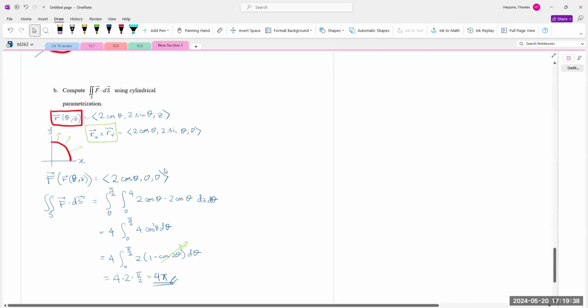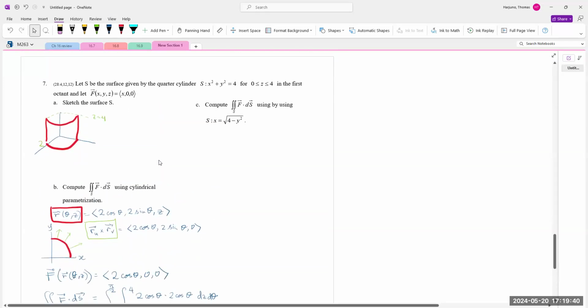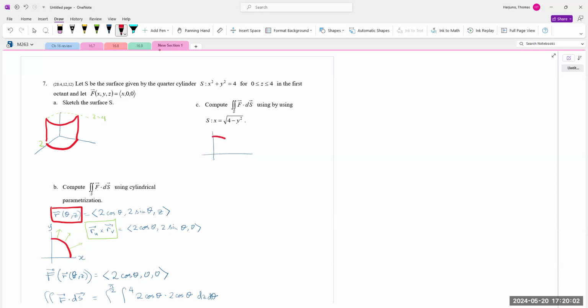Now the next challenge is part C, where we will compute the same expression, the same double integral, but we use this parameterization. Now, if you think about it, we basically have this situation. This is x here, this is y here.